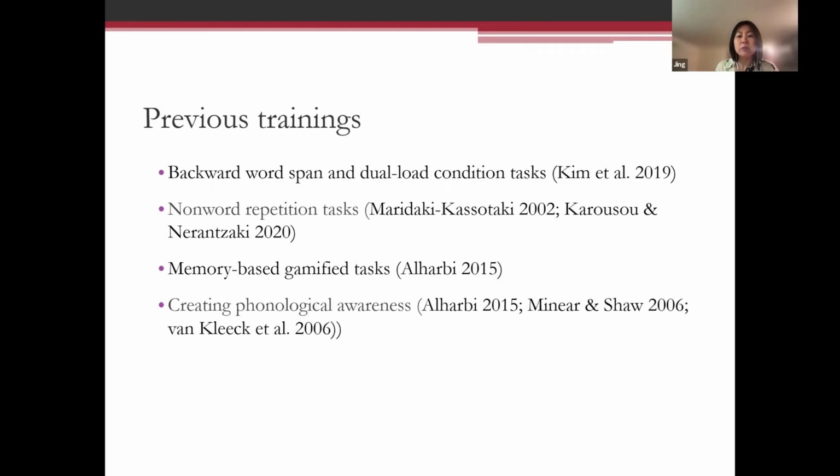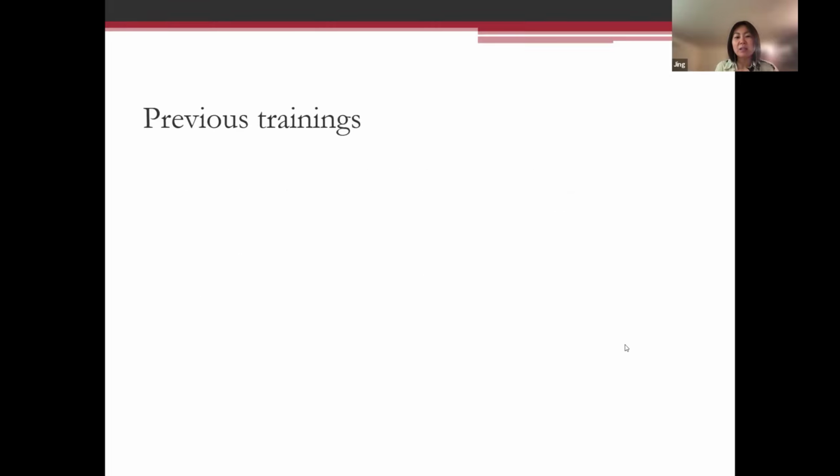And in the end, you can also target phonological working memory by creating phonological awareness, so some games with rhyme and some bingo games. We all know that, I hope. So these are the previous findings and trainings, and we can move on to the next slide.